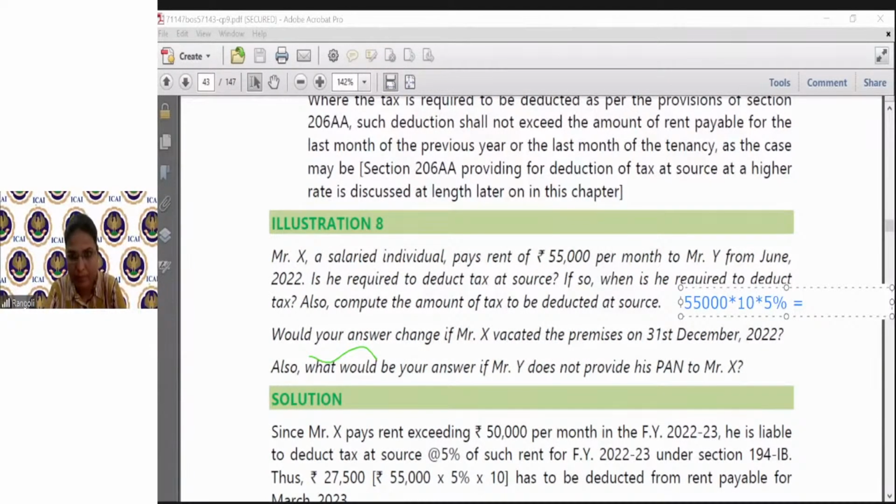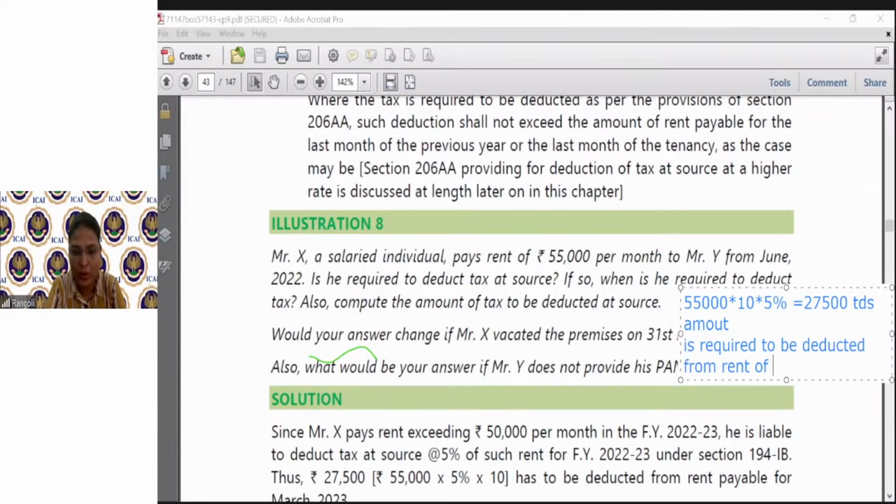So it equals 27,500 rupees. So this 27,500 is my TDS amount, right? This is required to be deducted from the rent of the last month, that is the rent of March month.